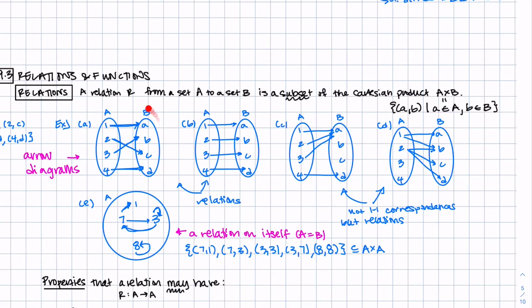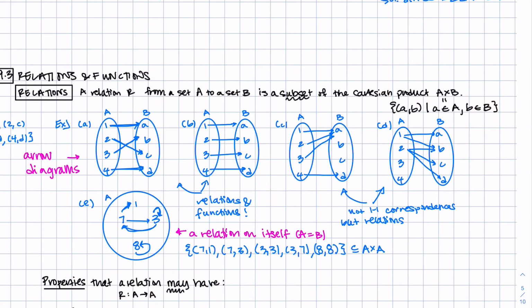A is an example of a function. Every single element in the first set is mapped to exactly one element in the second set. Same thing with B. So these are both functions.